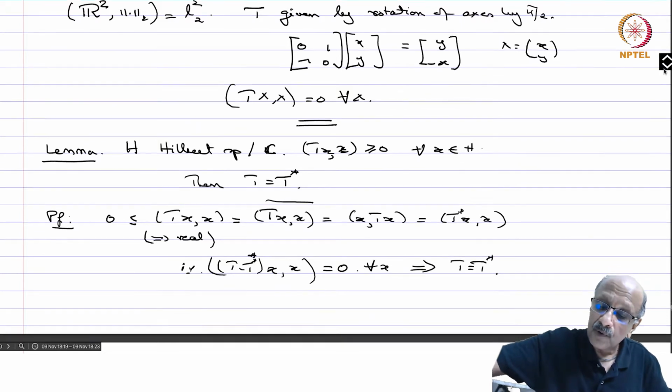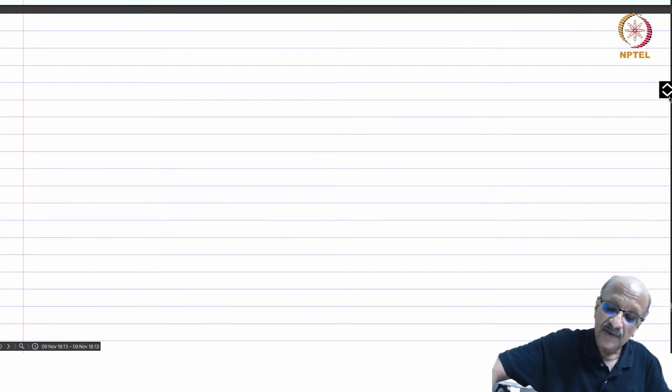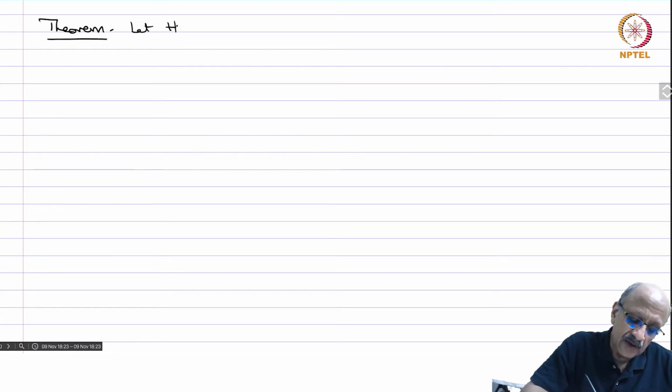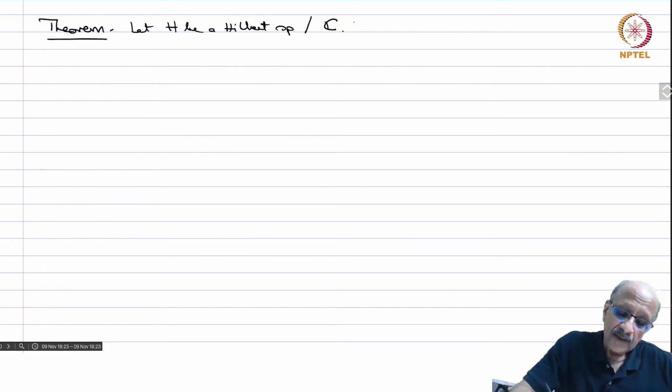So now we come to a very nice theorem. Let H be a Hilbert space over C. Let T belong to L(H).